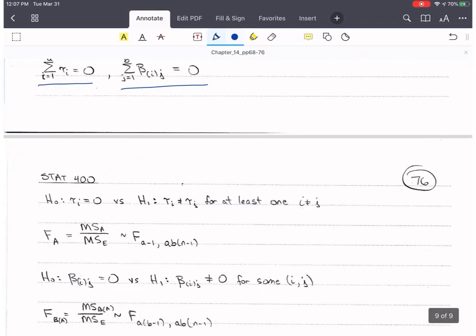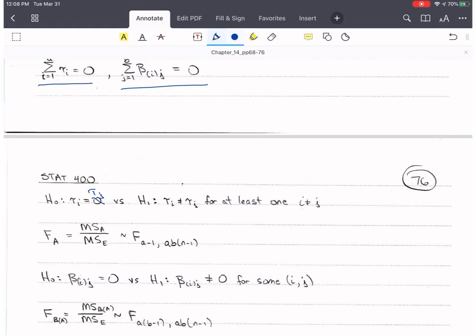As I alluded to earlier, because they're fixed, our null stays the same as we had before. All the tau i's are equal to 0 versus, they're equal to the, that should be tau j. All of them are the same versus that at least one pair are different.